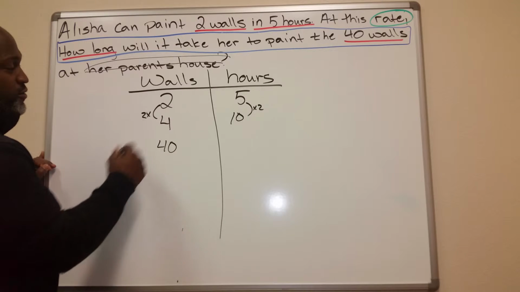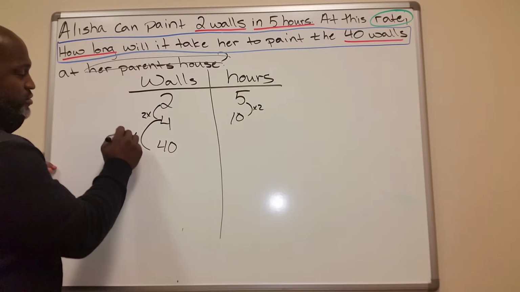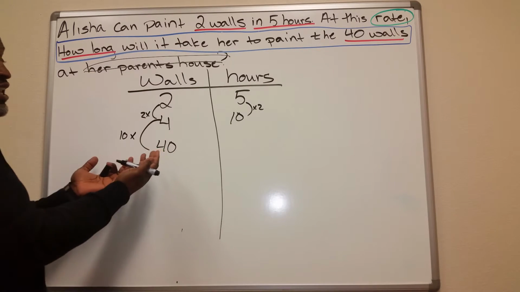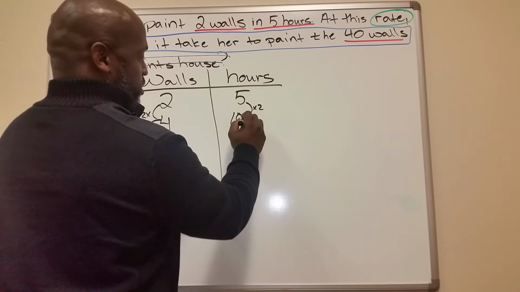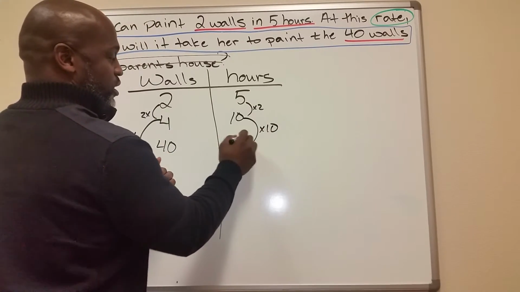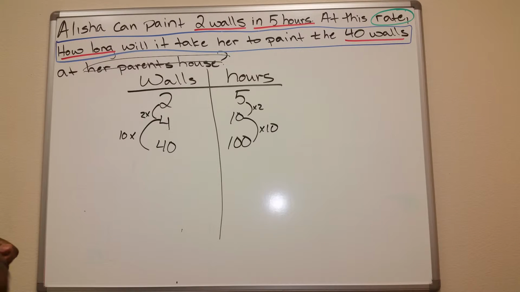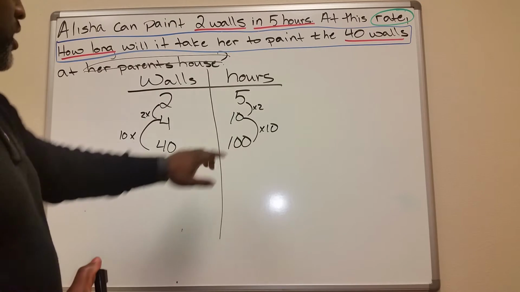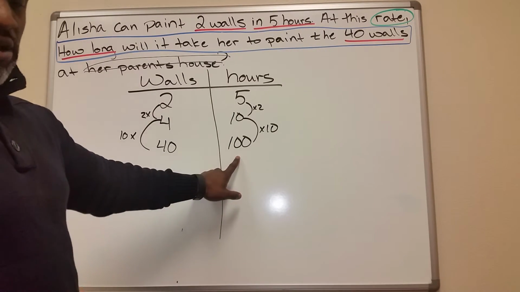That's what I'm trying to find. 4 goes into 40, I multiply that by 10, 4 times 10 will give me 40. Well, if I do it to my independent side, then I have to do it to my dependent side. So I'm going to do 10 times 10, which will give me 100. So my table now tells me that if Alicia can paint 2 walls in 5 hours, to get the 40 walls done, it's going to take her 100 hours.